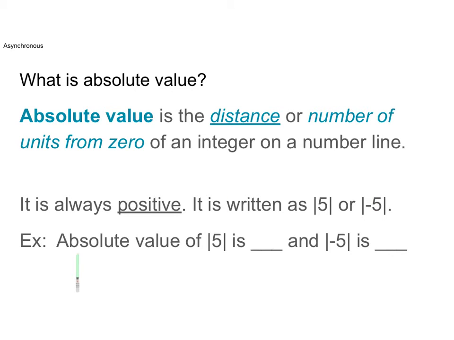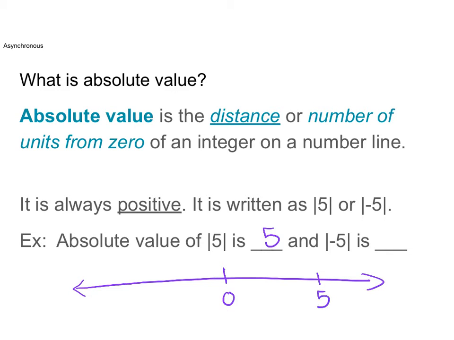Okay, so for example, the absolute value of 5 is 5. Okay, so if you look at your number line, here is 0, here's 5, and here's -5. Okay, so the absolute value of 5, or the distance between 0 and 5, is 5 spaces.